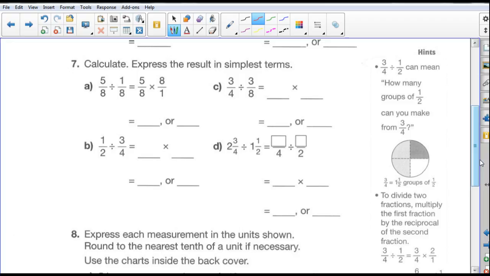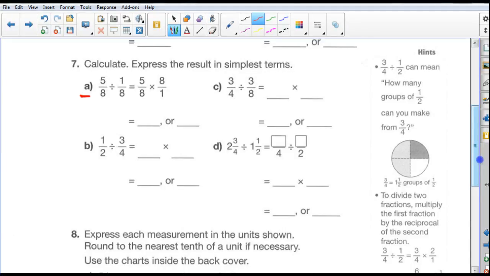It says calculate, express the result in simplest terms. Well, when we divide 5/8 divided by 1/8, we want to be able to multiply the top and the bottom together, but the only way we can do that when we're dividing is we multiply by what's called the reciprocal. Okay, so let's do A here. Take the first number 5/8, divided by 1/8.